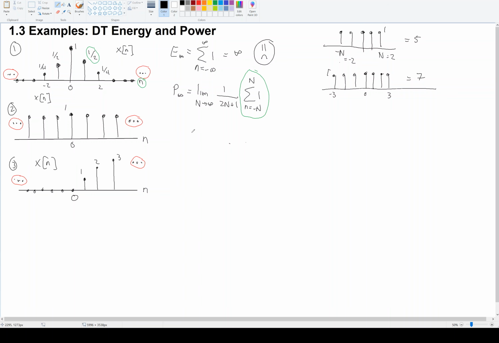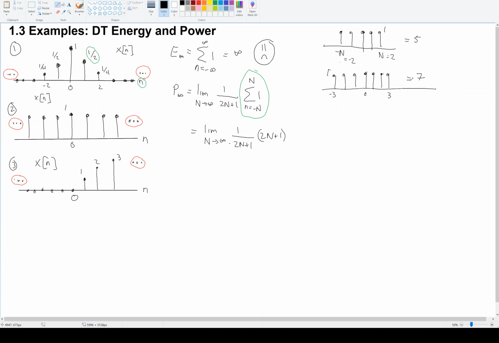And we discussed this in a previous video. This becomes the limit of 1 over 2n plus 1, but the sum is just 2n plus 1. Right? That's the number of 1s I'm adding up here. Because here n was 3 and I had 7.